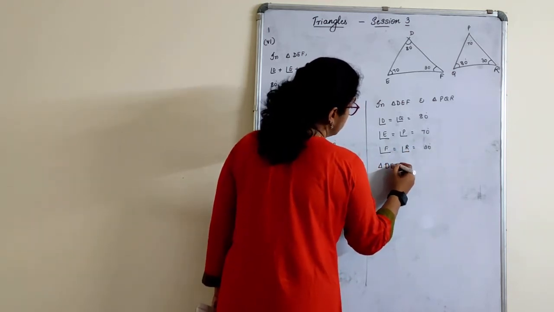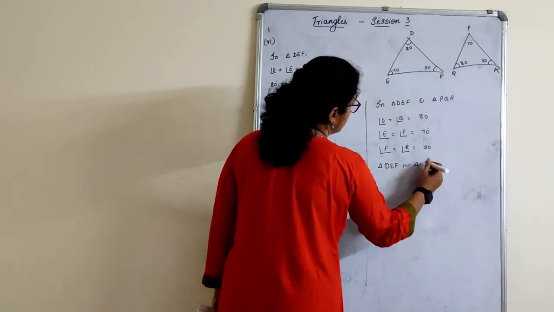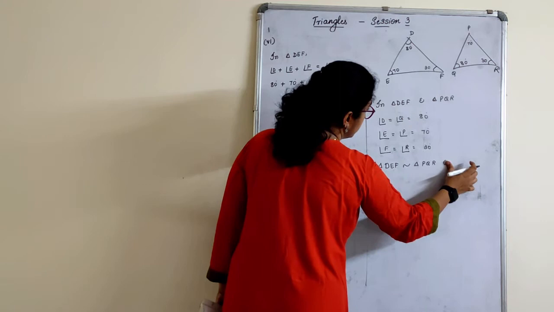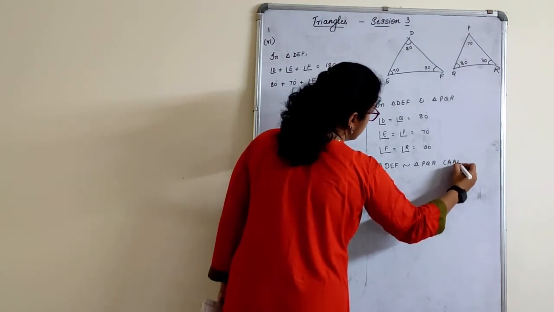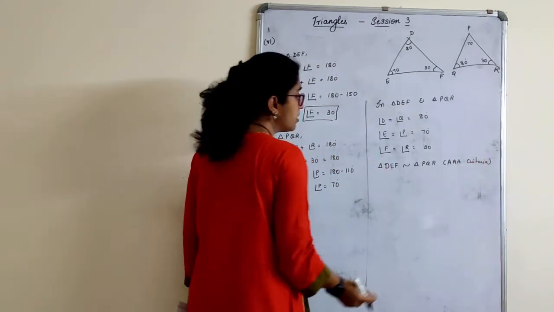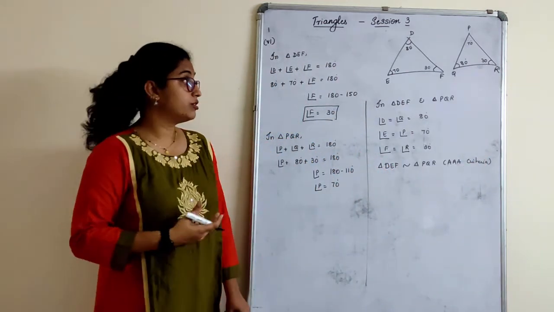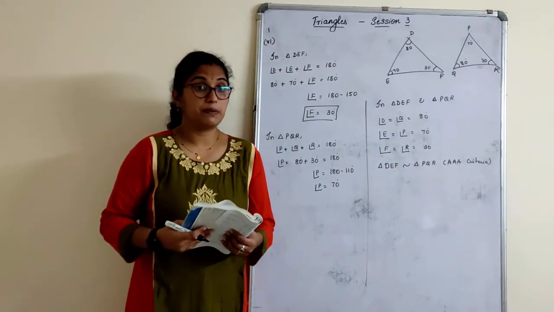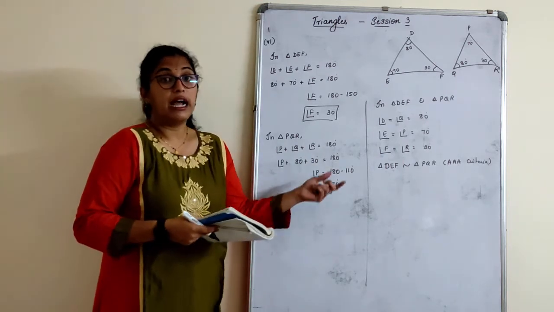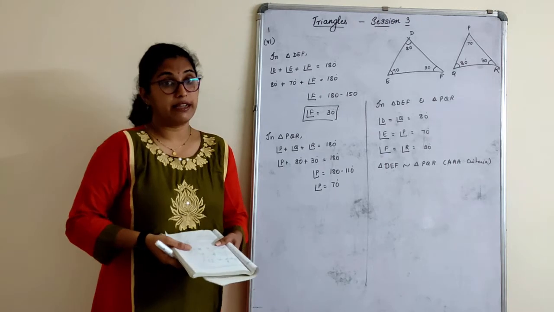Triangle DEF is similar to triangle PQR by AAA criteria. So this is how you apply criteria. So now you understand how to choose the proportional sides and how to choose the angles, and if they are equal by what, and how to write and how to prove that the triangles are similar.